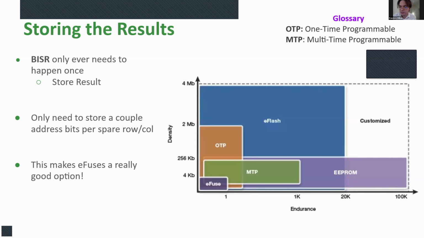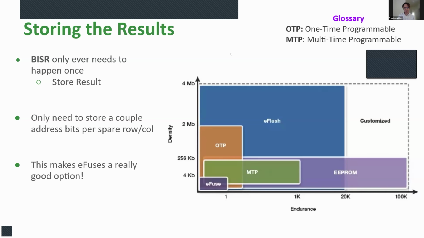But because these errors are basically the same per die that we get, every unique die will have its own set of errors that won't really change through the lifetime of that die. And so that means we only ever need to store the result once. We only need to run this process the first time that chip ever gets power, and then we can permanently store that result somewhere. And so often what we'll do is we'll store that in an eFuse.